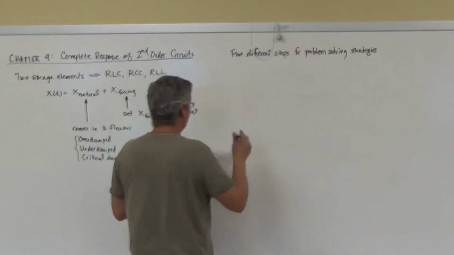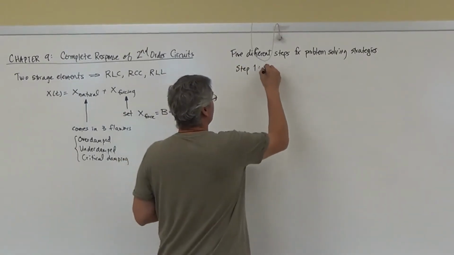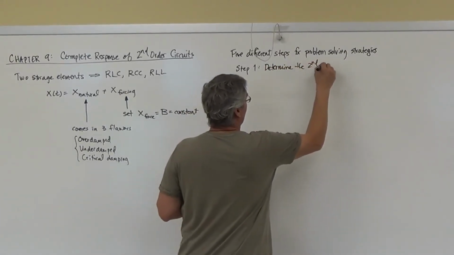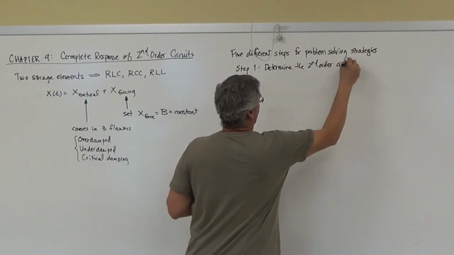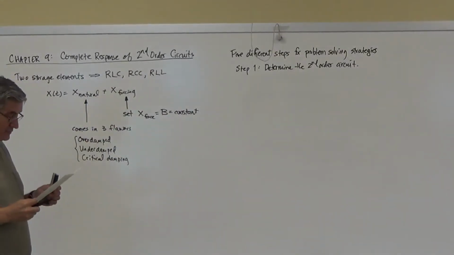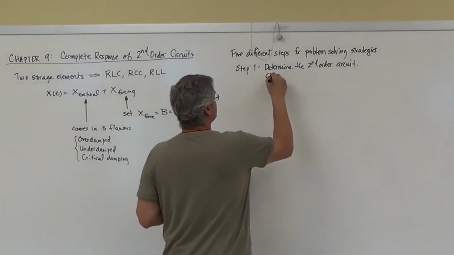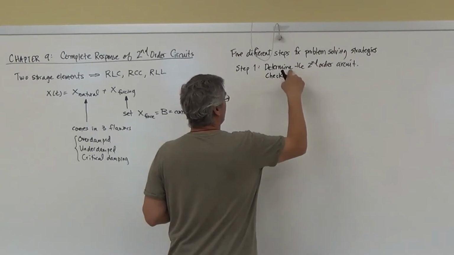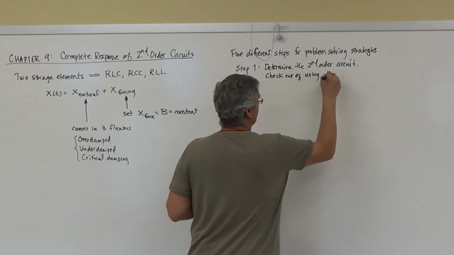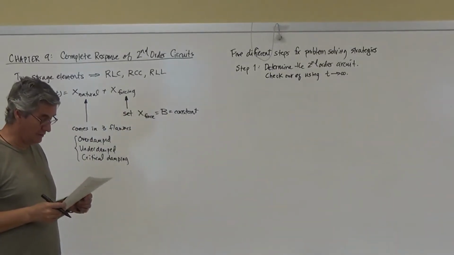The first one, which you want to be very well aware of, is that you have to determine the second order circuit equation. You've got to be real careful with that first step and get it right. Then we'll always check our equation using t going to infinity, as we did before.